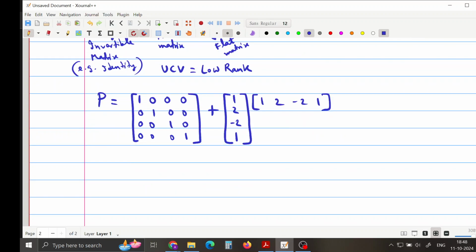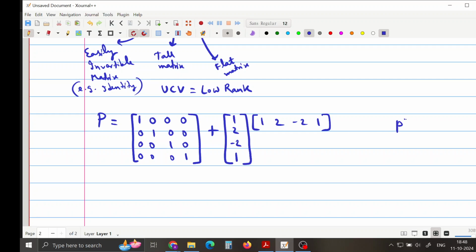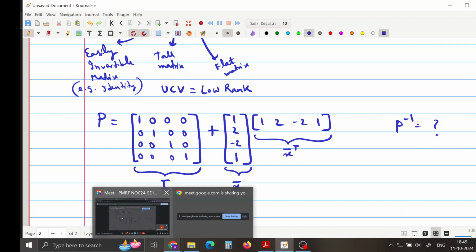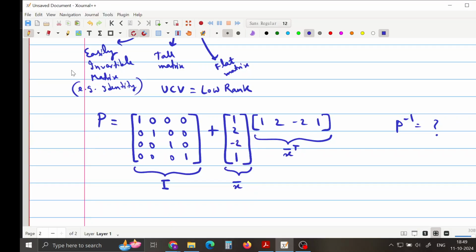So you see here we want to find P inverse. What is P inverse? The first term here is the 4 by 4 identity, and if I call this vector 1, 2, minus 2, 1 as some x bar, then this simply is the transpose of x bar, right? X bar transpose.